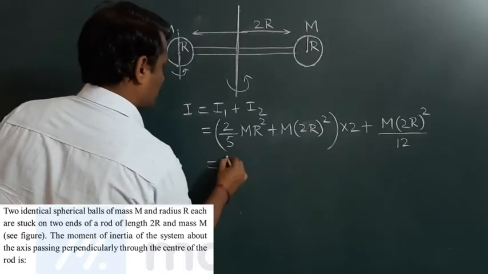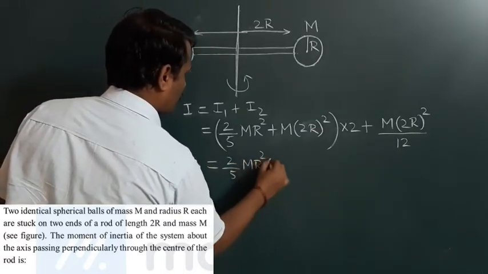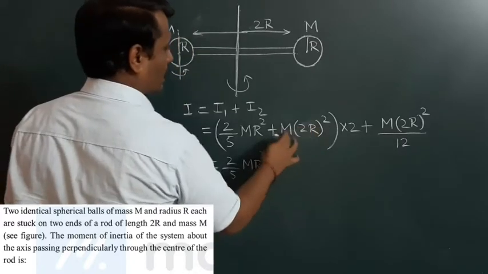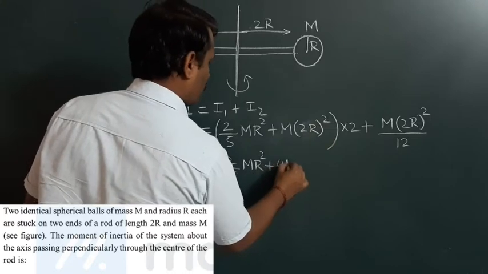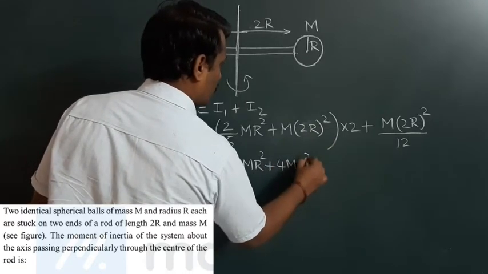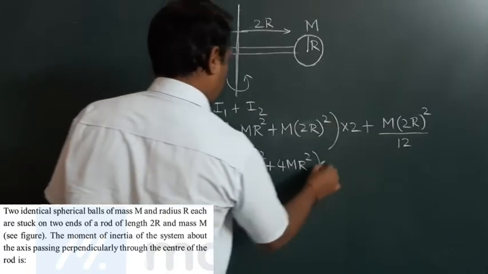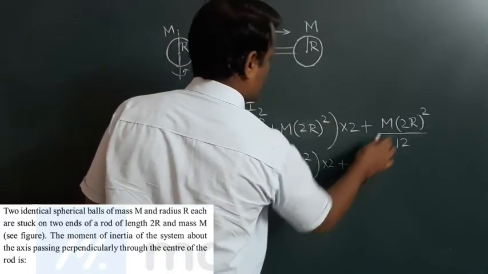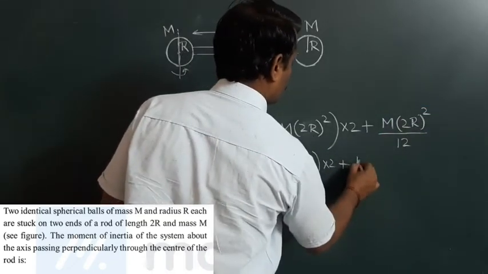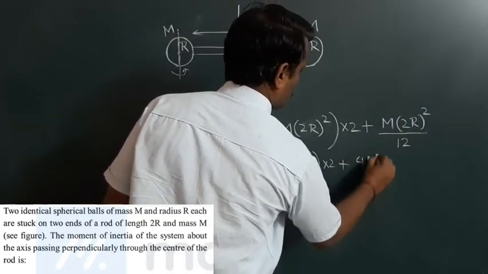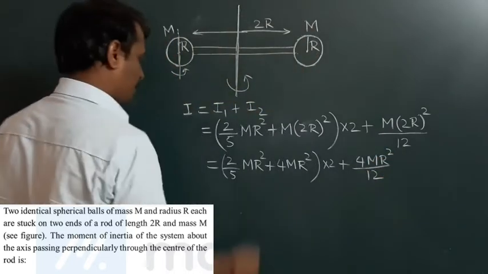Let us simplify this. 2 by 5 mr square plus, here 2r square means 4r square, so 4 mr square into 2, plus here again its square is 4r square, so 4 mr square divided by 12.